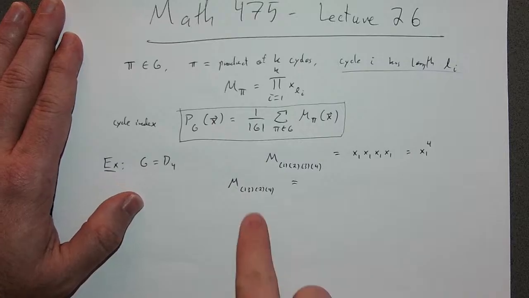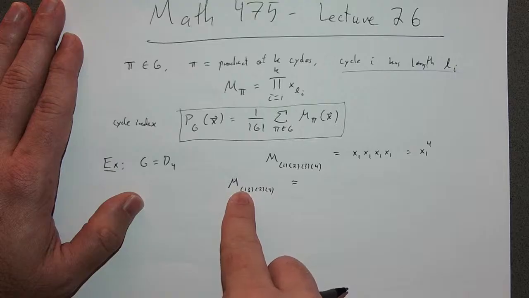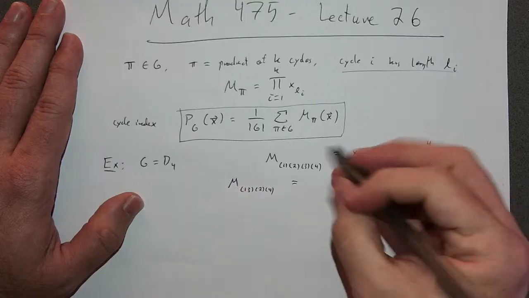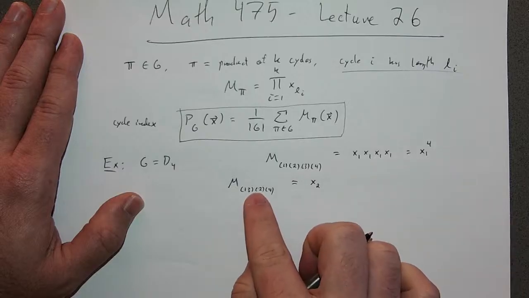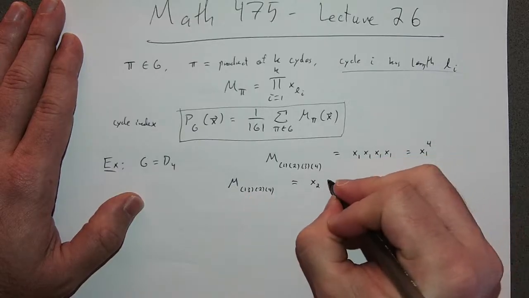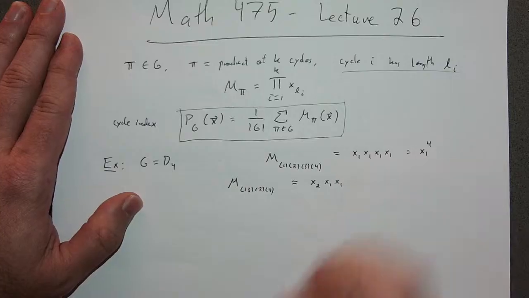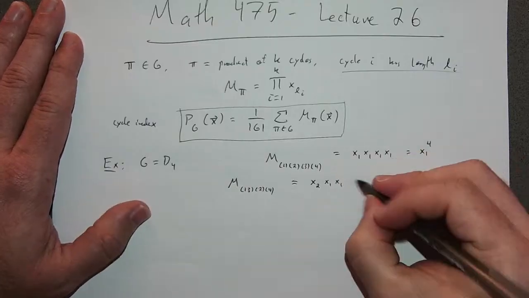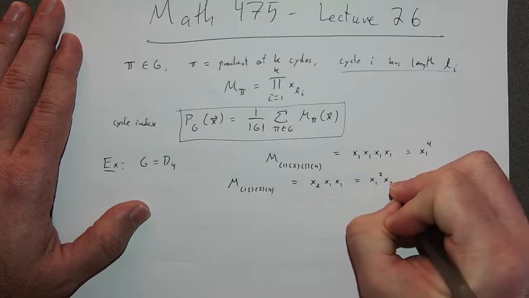Well, the first cycle has length 2, so this would be x sub 2, times the second cycle has length 1, so that's x sub 1. The third cycle has length 1, so this is x sub 1. So this would be x sub 1 squared times x sub 2.